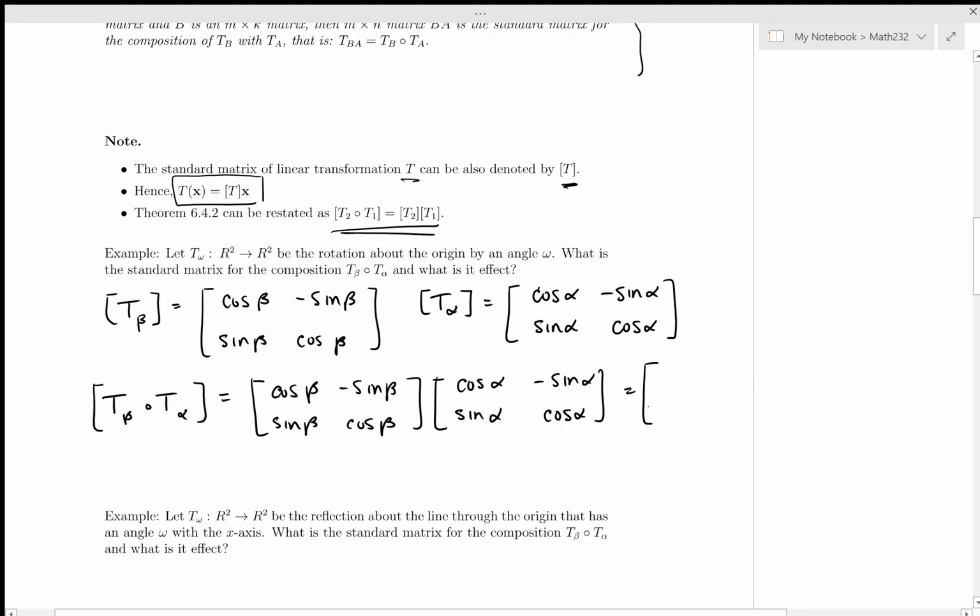Okay, I do that multiplication. It's a little bit painful, I admit, but let's see what happens. I get here cos beta cos alpha minus sine beta sine alpha. So this is 2 by 2 matrix multiplication. You can check me, make sure I don't make a mistake here. It's going to be pretty easy to write something wrong.